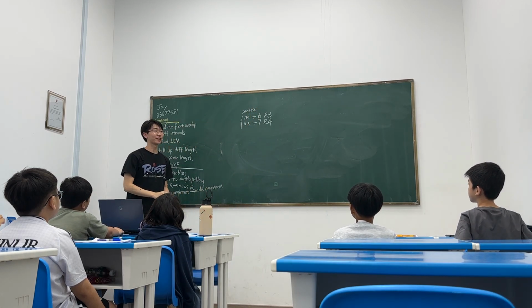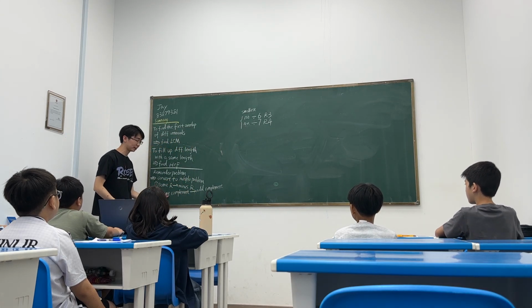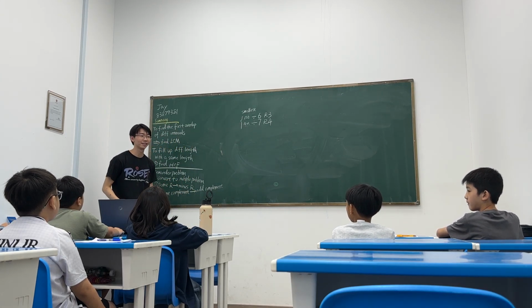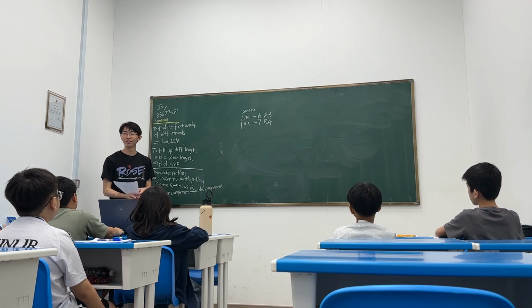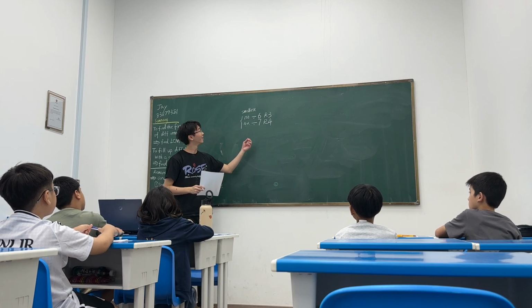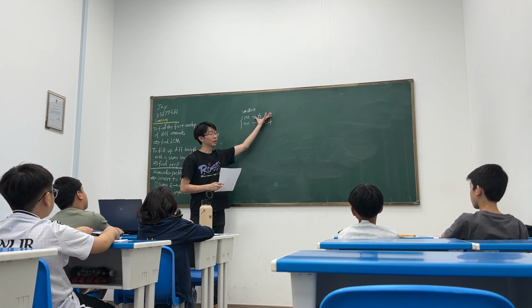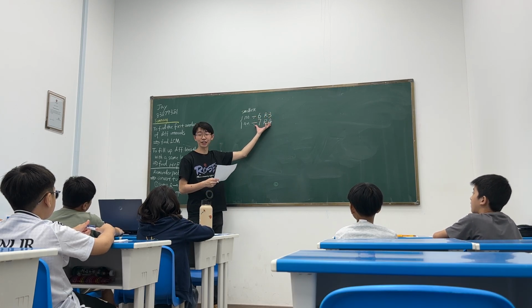Now, first of all, let's observe. In this case, does it have the same remainder? No. How about the same complement? What is the complement in this condition? Kirsten? Plus 3. Then how about for this condition?